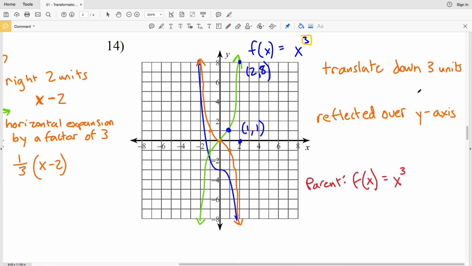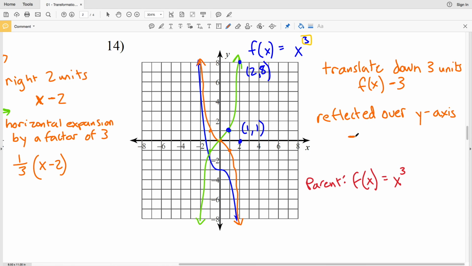Now we're going to use those transformations to write the equation for the function that's graphed, that blue line. So translating down is taking the function and subtracting 3, and reflecting is taking the opposite of the variable within that function.